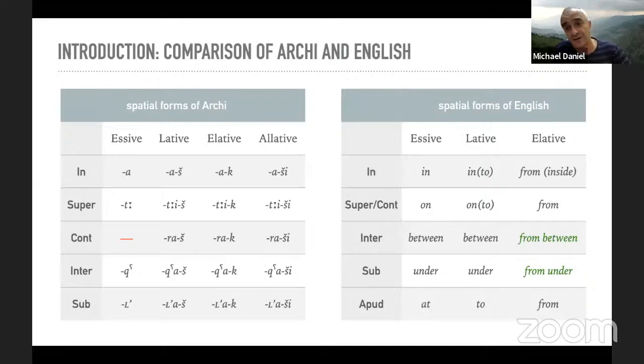On the right, you have English forms. And here the situation is much more complex.